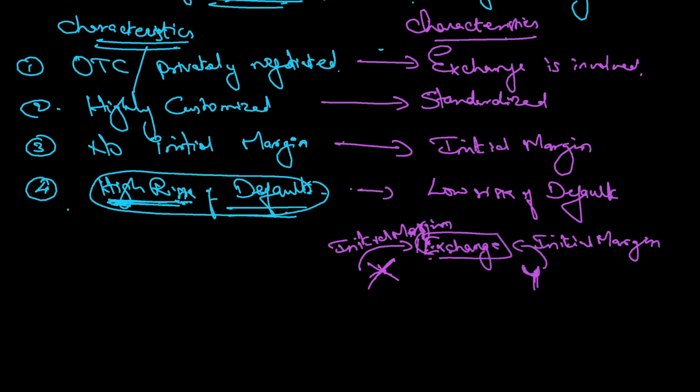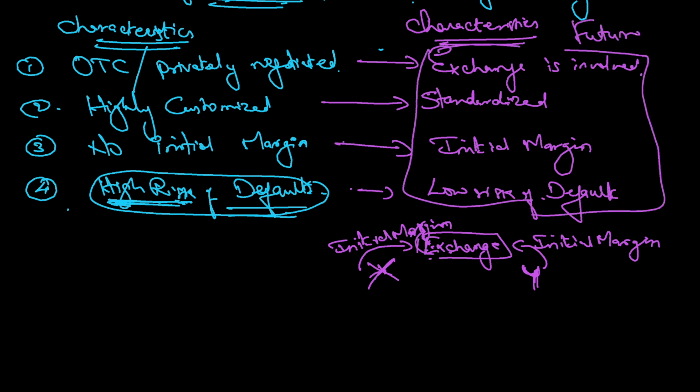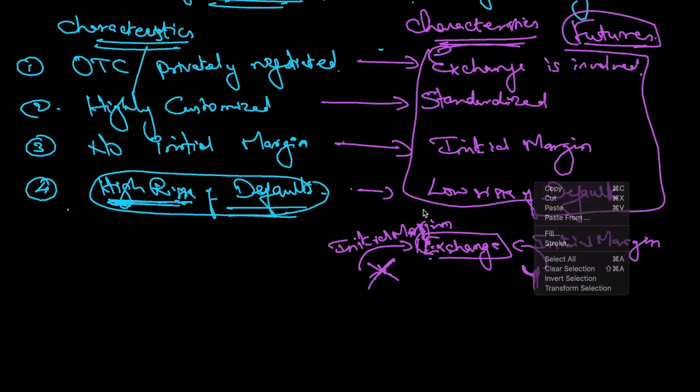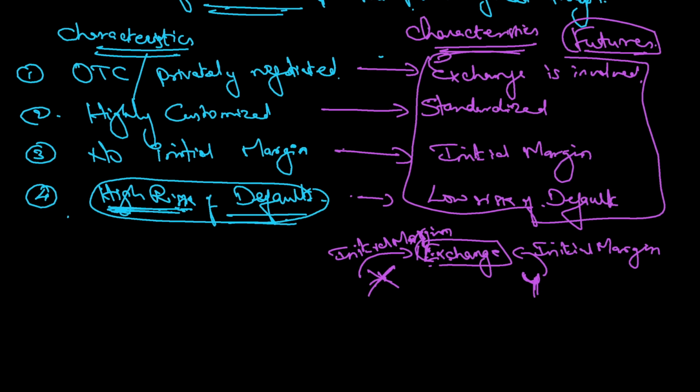So a new terminology was given to this kind of contract. This was termed futures. So in futures, the exchange is involved, it is standardized, initial margin is involved, and so there is a low risk of default. These are the characteristics of futures.